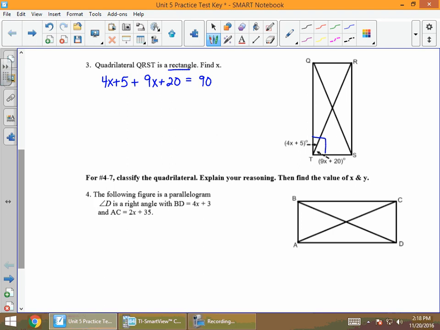So 9x plus 4x is 13x, plus 5 and 20 is 25. That equals 90. Subtract 25 on both sides. So 13x is equal to 65. And then divide by 13, and we get x to be 5.